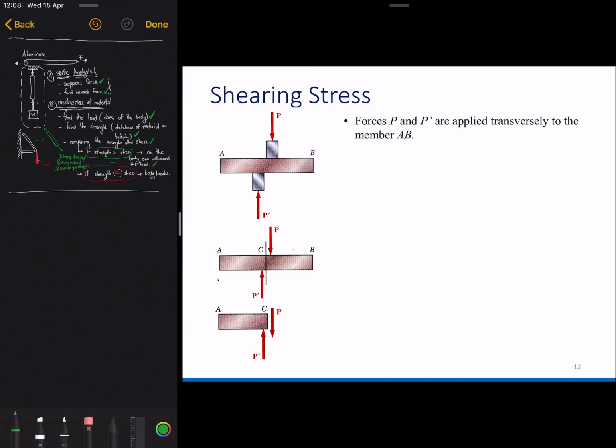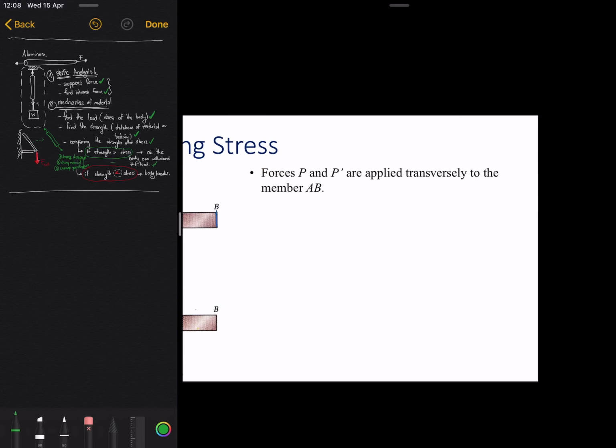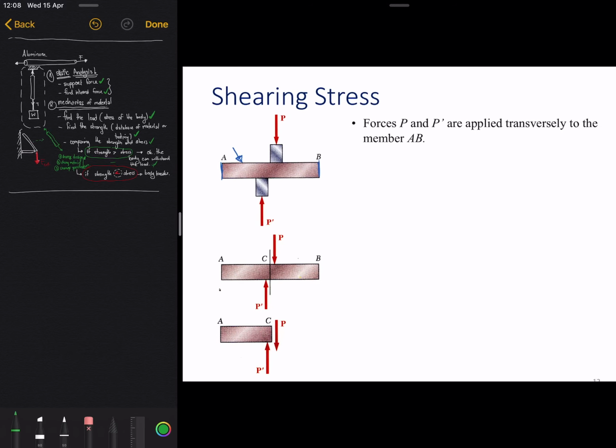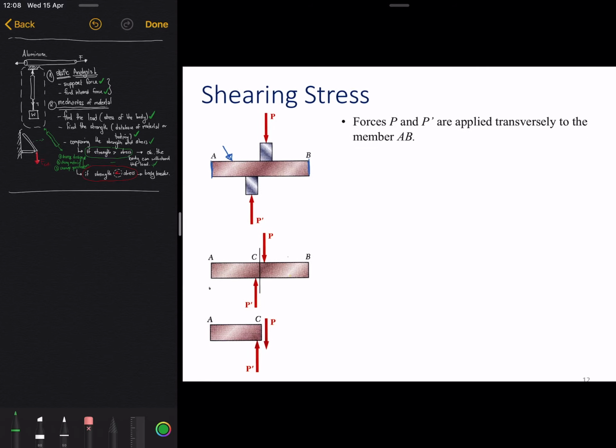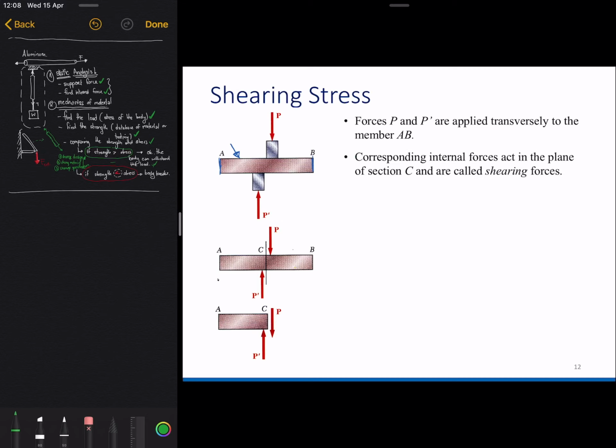So we have this member AB, and then we have shear force. Why does it become like this? We have shear force corresponding to the internal force acting on the plane of section C, called shear force.